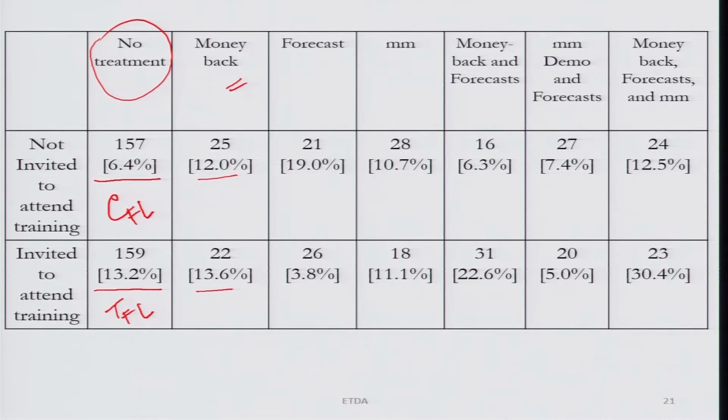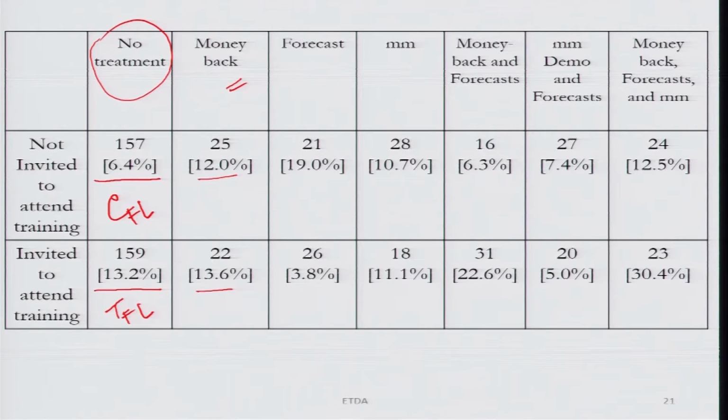So, even in this very rough and raw data table, what you see is that more people took up the insurance product when they were included in the financial literacy training, compared to when they were not included.